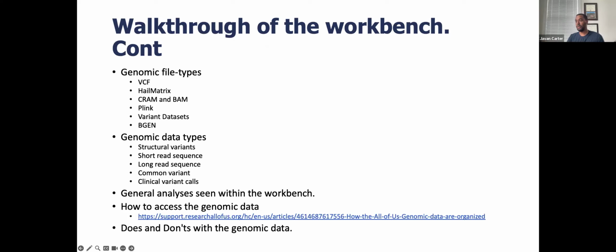It can easily become misused, and I don't want anybody to misuse the data. Obviously that will hinder the trust that the participants are placing in our hands when it comes to allowing us to run analyses on so many diverse individuals. So I always like to emphasize the do's and don'ts with genomic information, or information as a whole.